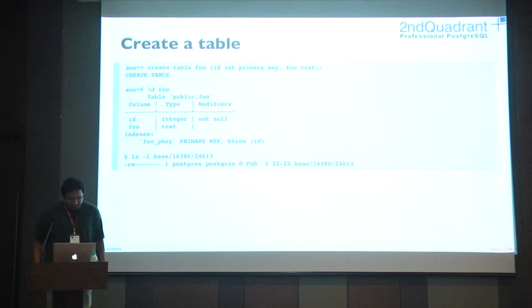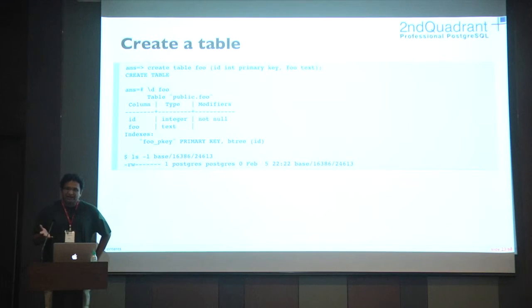So here I'm creating a simple table with 2 columns. The table has one primary key index because, well, why not? And when I create the table and before I try to insert any data into it, the disk file that corresponds to the table, and I'll explain how we found that, is empty.